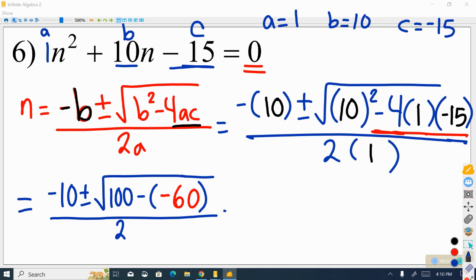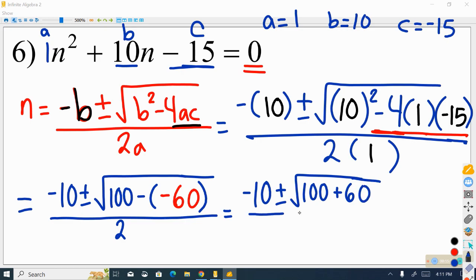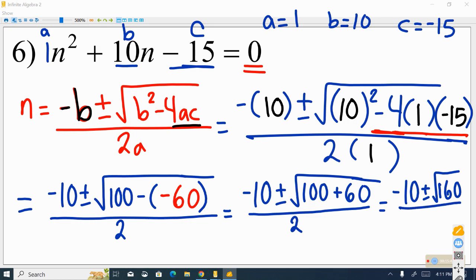Now, we simplify everything. Okay, we continue. This time, we're going to express the idea that minus negative 60 means to really add 60, and then this is all divided by 2. So to do a little bit more work on this line, we would have negative 10 plus or minus the square root of 160, and then everything divided by 2.